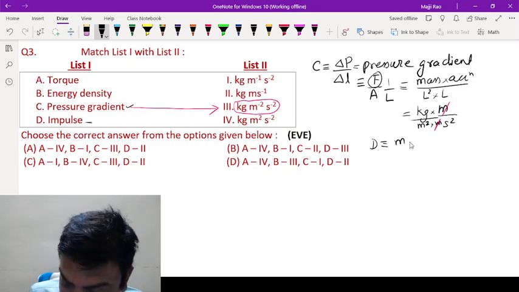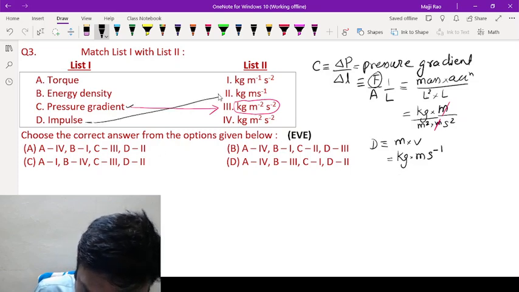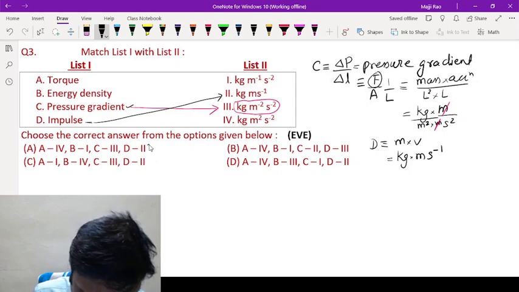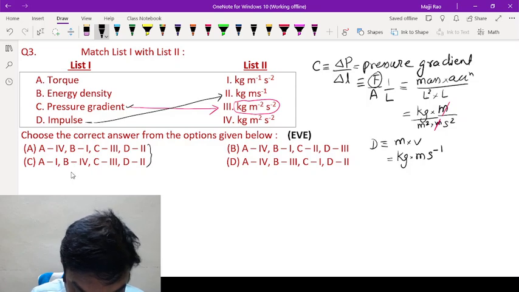So momentum is mass into velocity. Mass means kg, velocity means meter per second. So kg meter per second means second. So D should be mapped with 2. So here in both cases C and D have been mapped with 2 itself. So there is no use. At least we have to find for A or B.